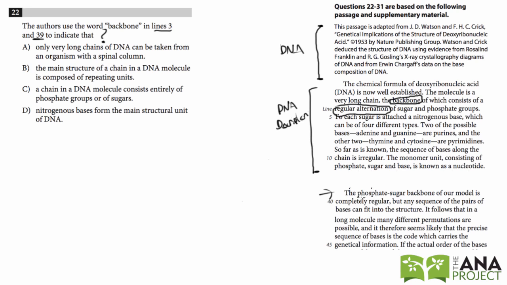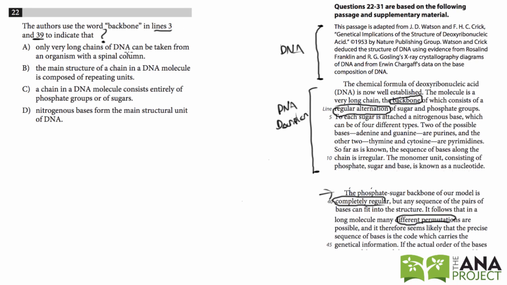The phosphate sugar backbone of our model is completely regular, but any sequence of the pairs of bases can fit into the structure. It follows that in a long molecule, very many different permutations are possible, and it therefore seems that the precise sequence of bases is the code which carries genetical information.